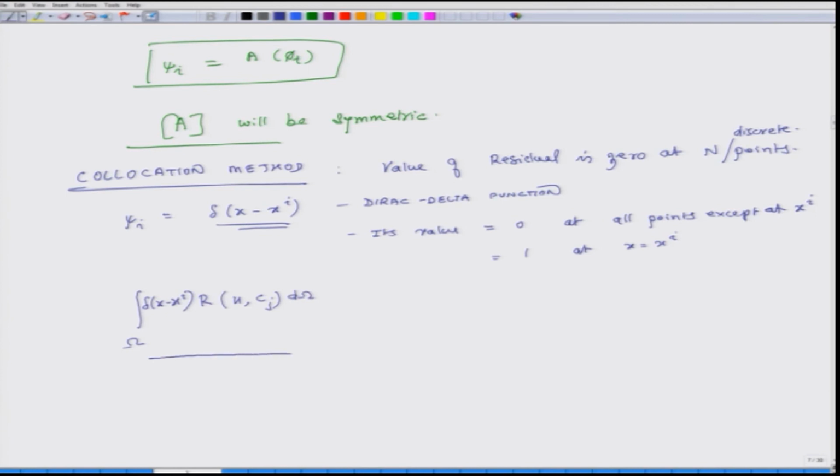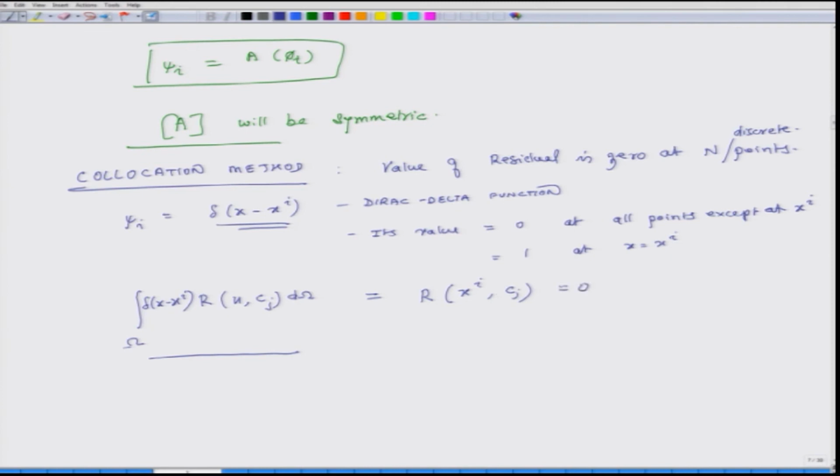And if you go back and check your mathematics, the value of this integral is equal to the residue at location xi, and of course, it is a function of Cj.